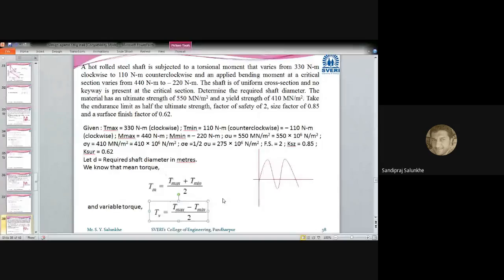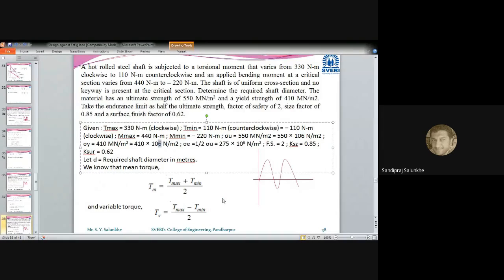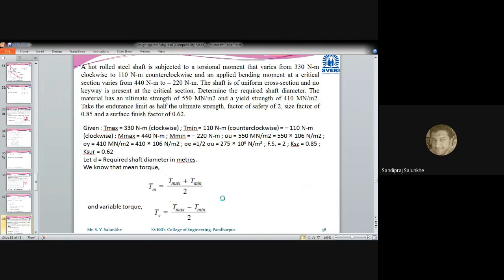Okay. So whether we are going to get that value, we will check. Yes, 110 is the mean torque and 220 is the variable torque.